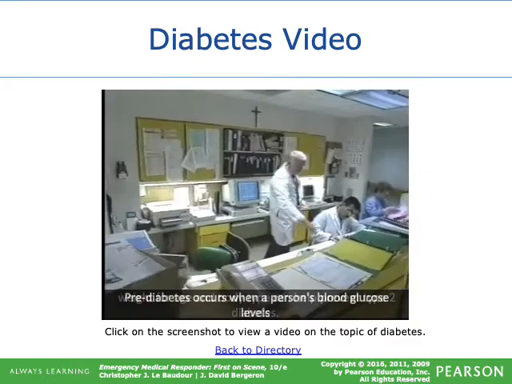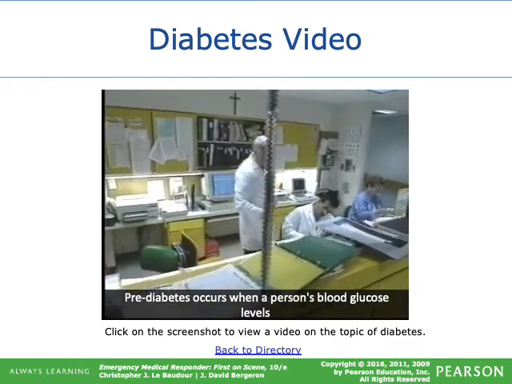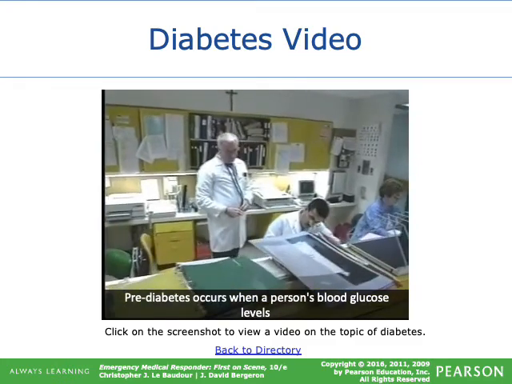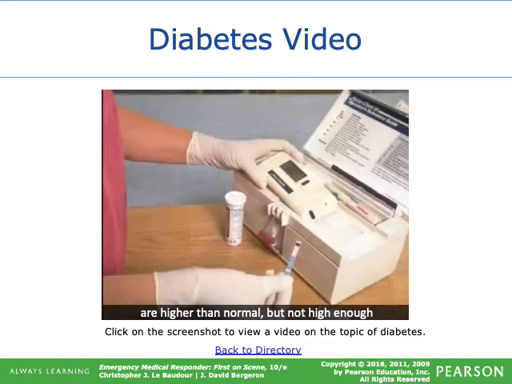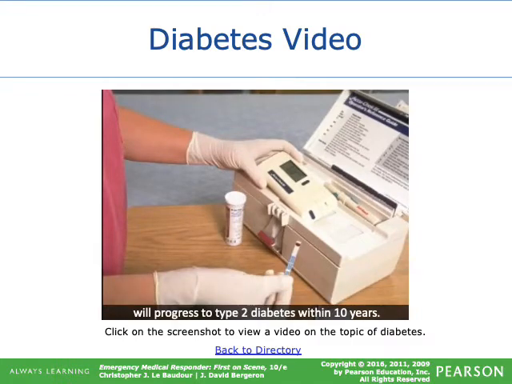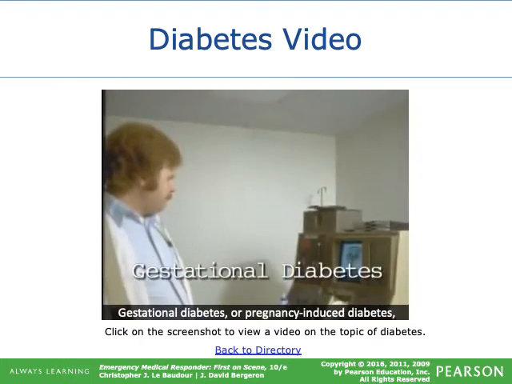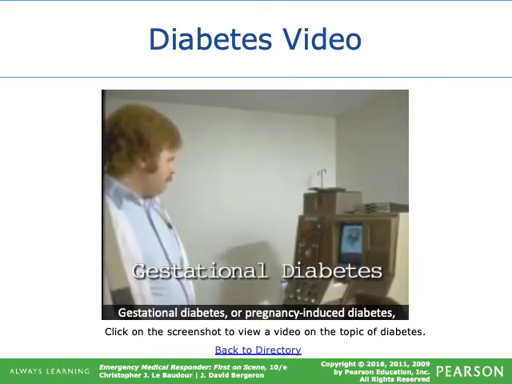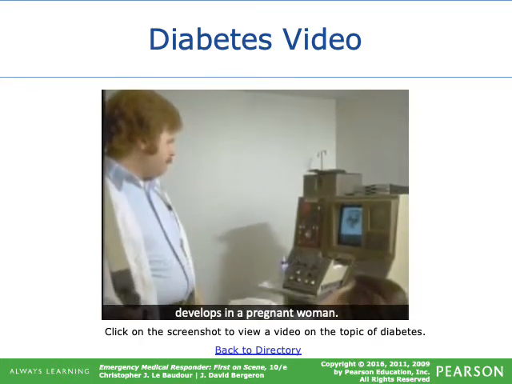Prediabetes occurs when a person's blood glucose levels are higher than normal, but not high enough for a diagnosis of type 2 diabetes. Without lifestyle changes, most people who have prediabetes will progress to type 2 diabetes within 10 years. Gestational diabetes, or pregnancy-induced diabetes, develops in a pregnant woman.